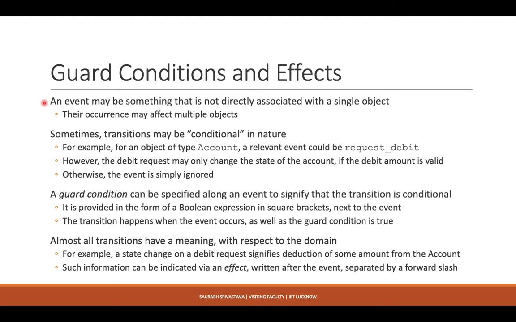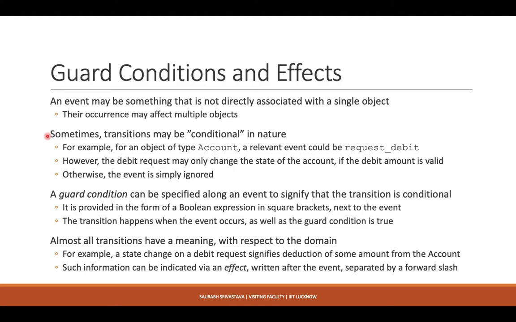To summarize, there might be different objects in my system whose state may have to be changed because I clicked on unmute. So an event is not something that is necessarily associated with an object itself. It could be a system-wide thing, and multiple objects may be affected by this particular event.